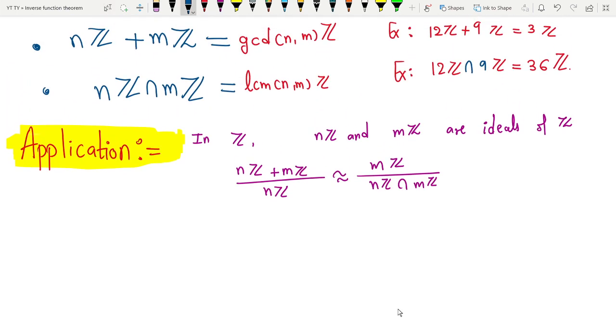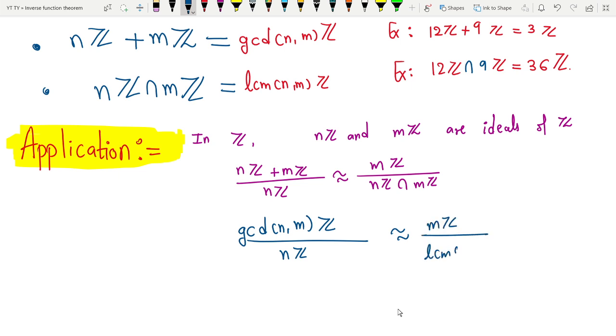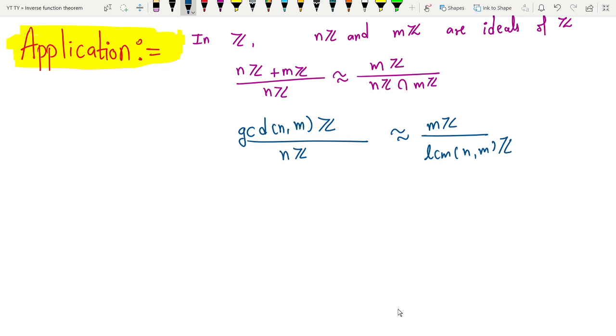So my numerator is GCD of n, m times Z modulo nZ. The answer is isomorphic to taking mZ modulo LCM of n, m times Z. Right? Can you see, this is so interesting. This is how we obtain it just by using the third isomorphism theorem of rings.